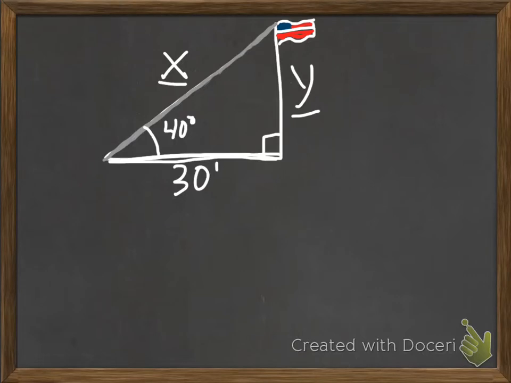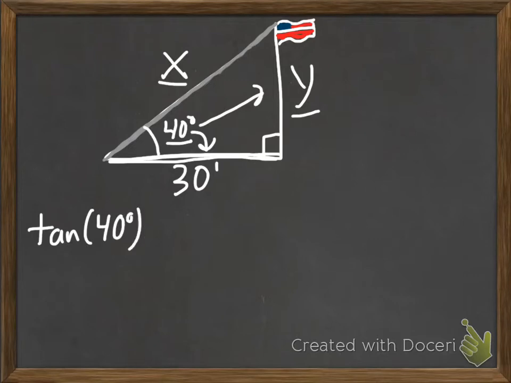So I look at my 40 degree angle, Y is opposite, 30 feet is adjacent. Opposite and adjacent tells me I need to use tangent. So the tangent of 40 degrees is equal to Y over 30.